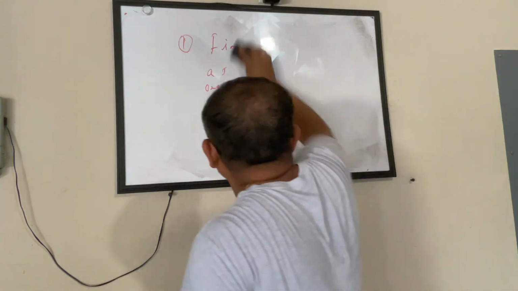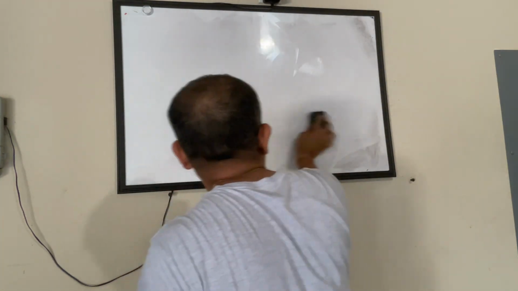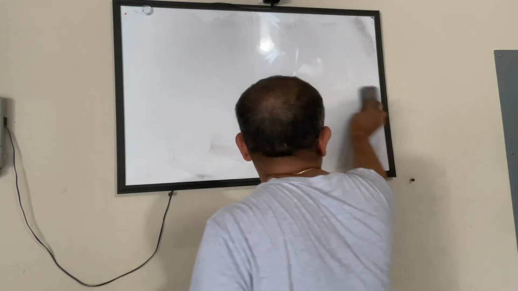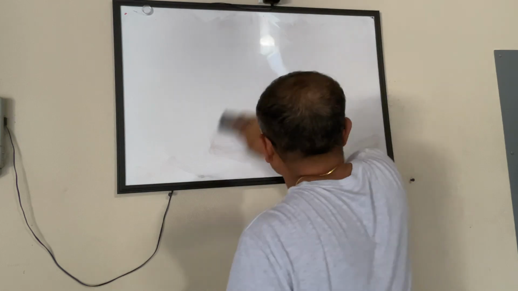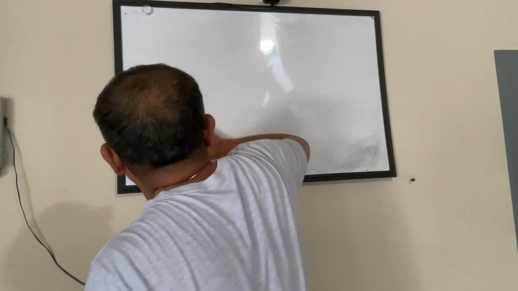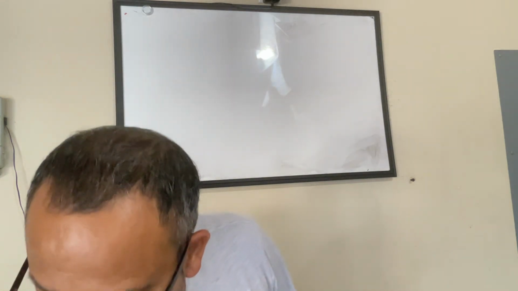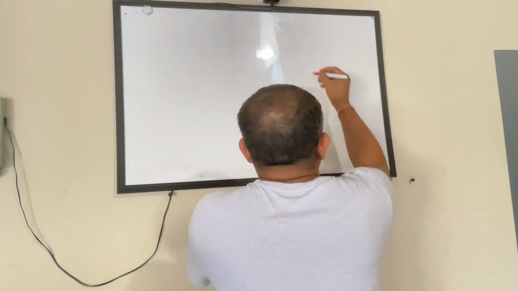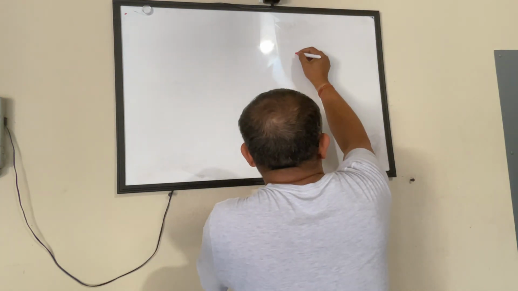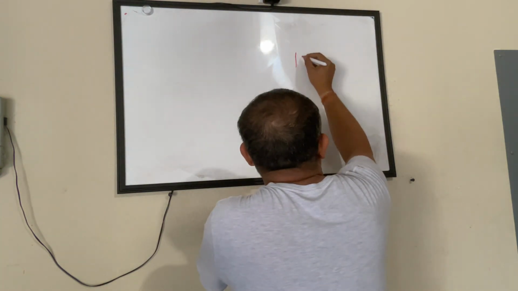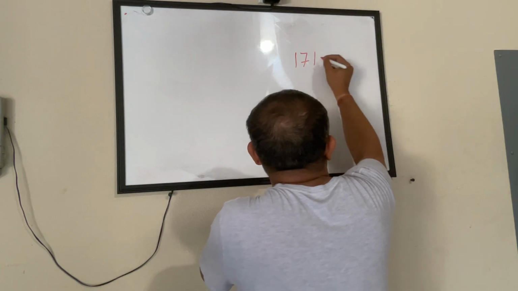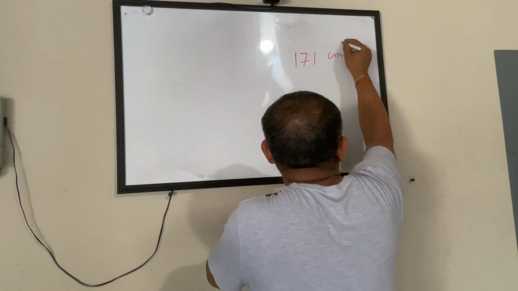Okay. Now, let me twist the question a little bit. Now let's say I have a parallelogram. There is a parallelogram with area 171 centimeter square.